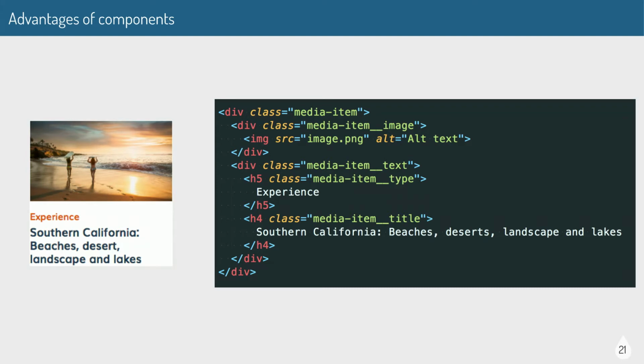Media item text, the type, or you can say category there, and the media item title. So without even knowing where this code is, you know exactly where you need to go on your project to find this. You will have a component name called media item, and inside there you'll find all the code that this component requires. So you don't need to look around anywhere else.